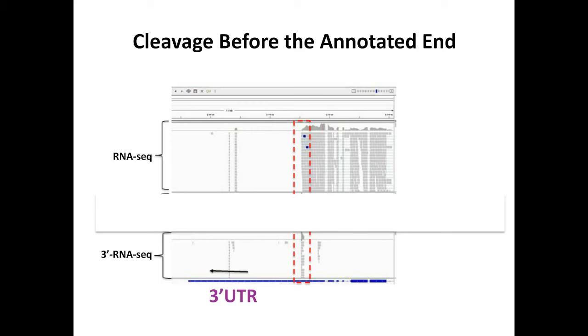We don't see any sequencing reads mapping to the end of the transcript, although our 3' RNA-seq data should map to the end of the transcript. But we see most of the reads, our RNA-seq data, map to this region. A few map here, but most of them map to the previous region, as I indicated here.